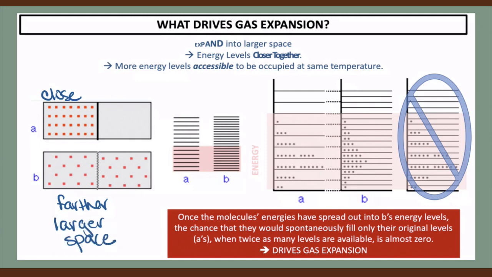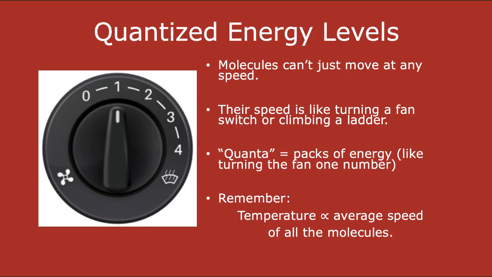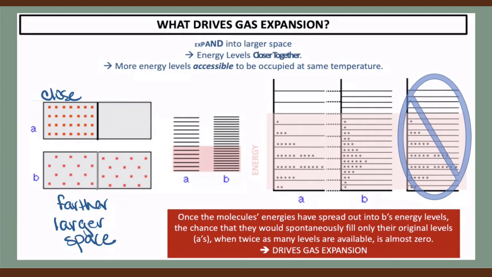Now let's look at the middle picture about the ladder. Remember we talked about the fan switch, it could only be a 1 or 2 or 3, like walking up rungs of a ladder. Well, the distance between the rungs of the ladder can be different. When the molecules are real close, like in A, the rungs of the ladder are farther apart.